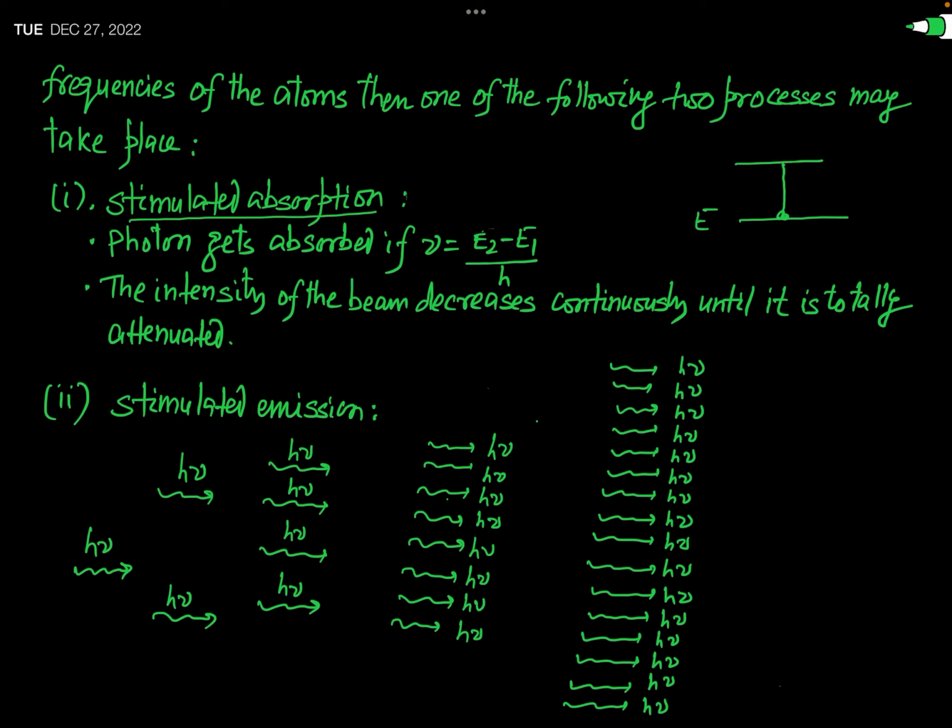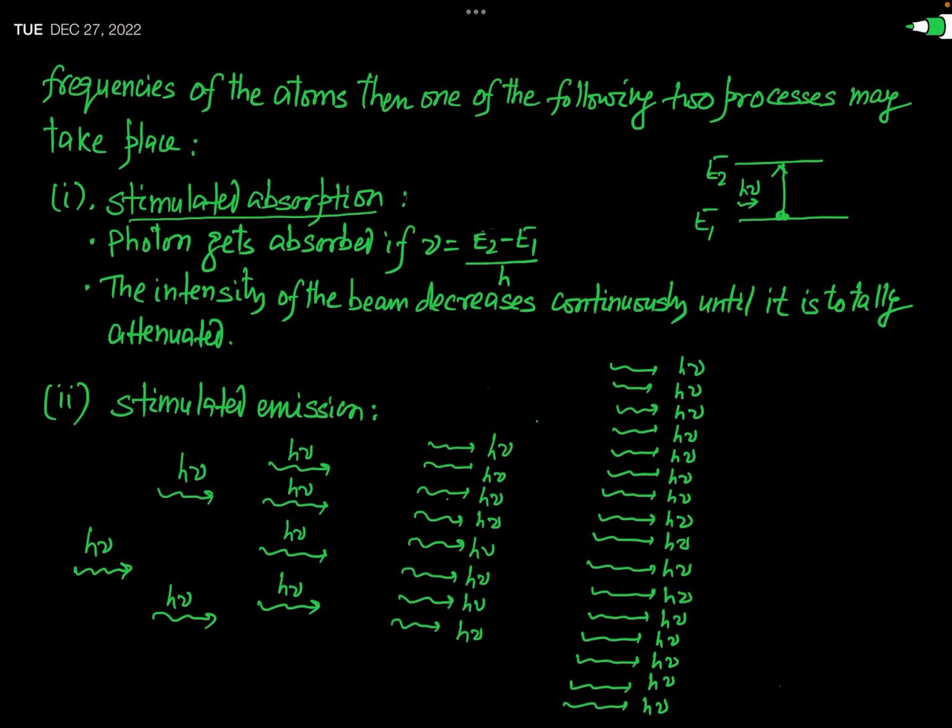Let us say the atom present in energy level E1 absorbs this photon and goes to the higher energy level E2. So the incident photon is lost.